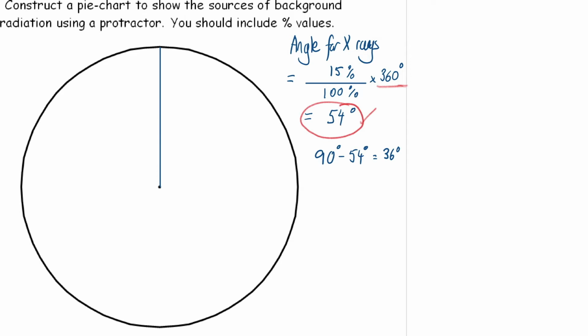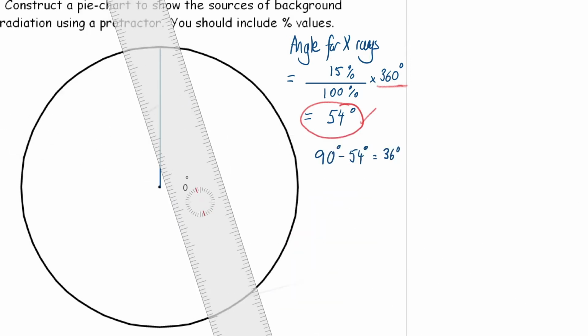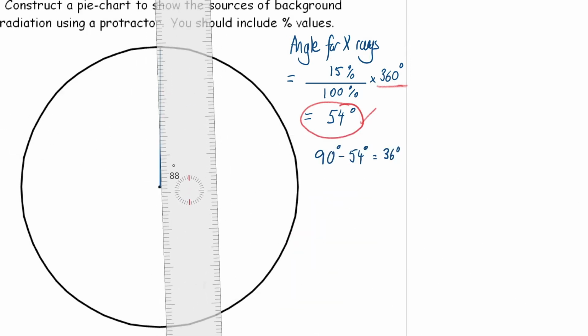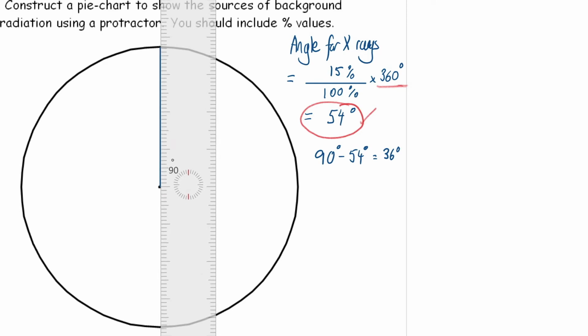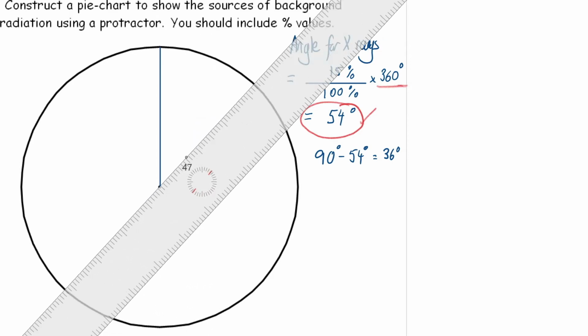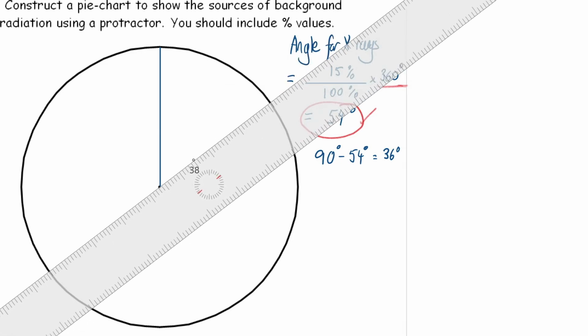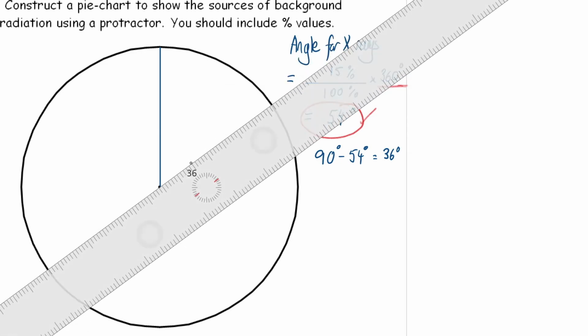And the way I would have to work that out using my protractor, it just so happens that this particular software, OneNote, hasn't got a protractor, so I'm going to have to use this ruler. And if I start from 90 and I take away 54 degrees, I'm going to go to 30, take me to 36 that I've shown there. But using a protractor, you wouldn't have to do what I've just done.